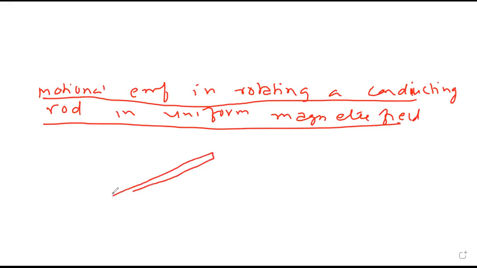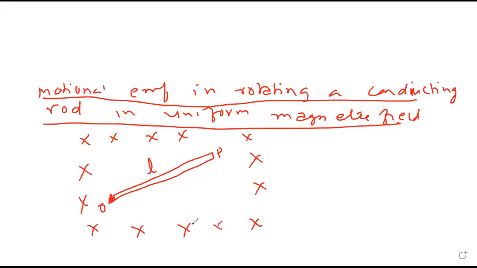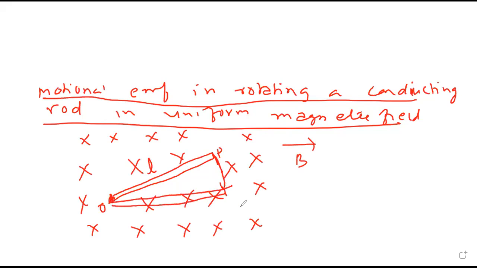Suppose a conductor pivoted at point O, length is L. It is rotated in a uniform magnetic field of induction B, which is perpendicular but inward, and brought to a new position Q. Let this angle be d theta.